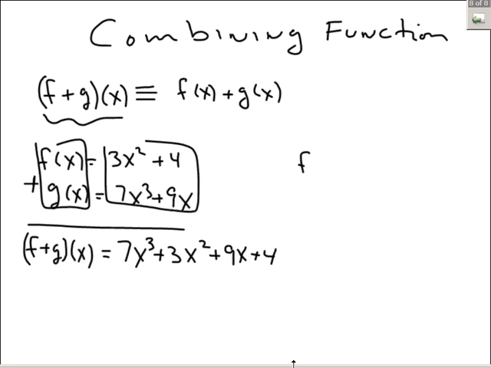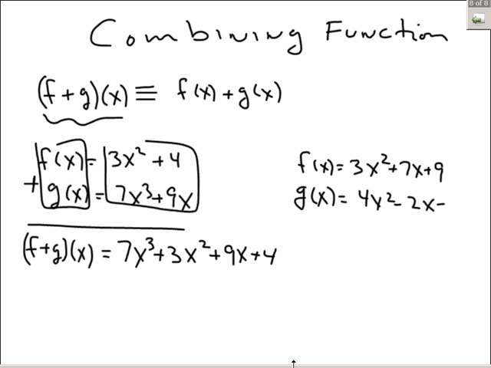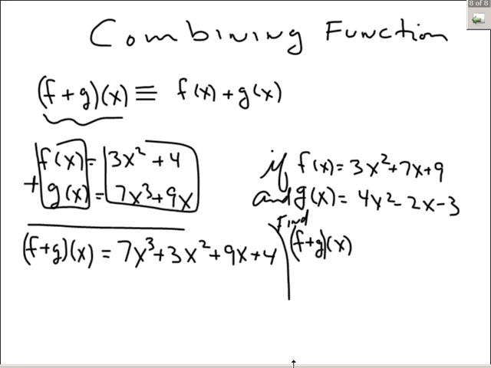If I tell you f of x is 3x squared plus 7x plus 9, and I tell you that g of x is 4x squared minus 2x minus 3, well, if somebody asks you to find f plus g of x, that's the question.